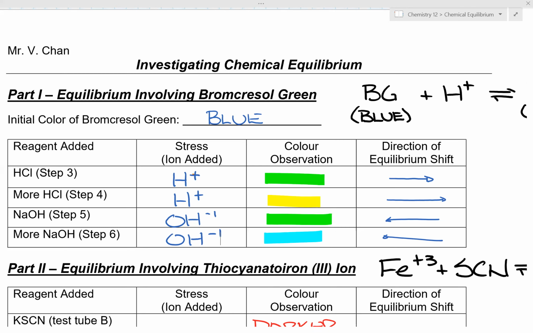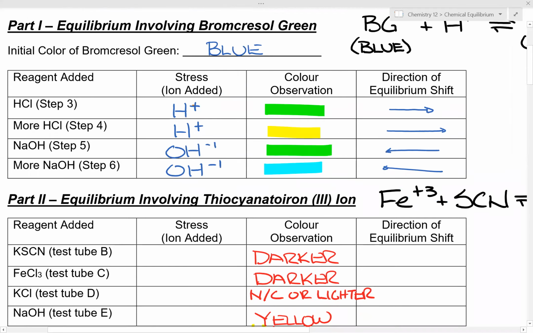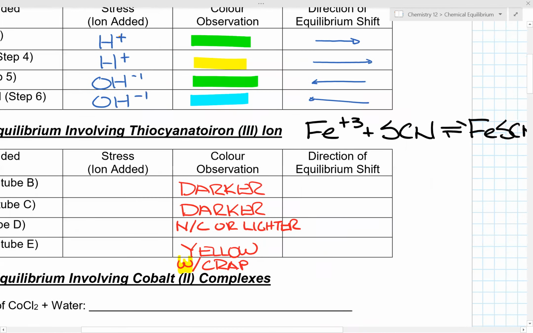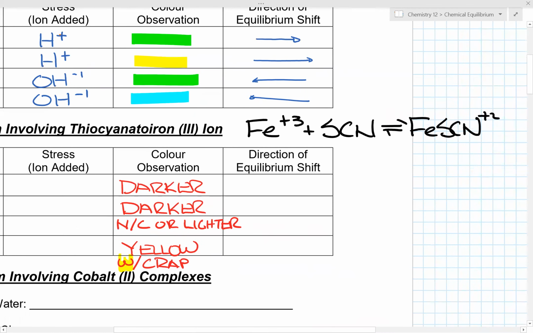Okay. Now, for part 2, this is the equation that you should be aware of. And this was the results that you should have gotten. You can double check.